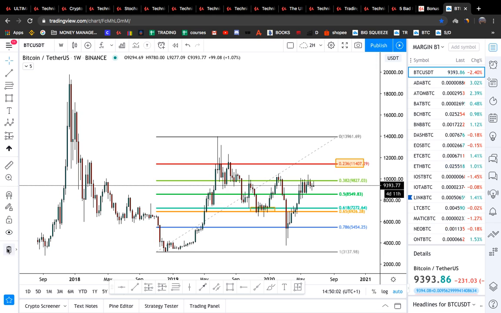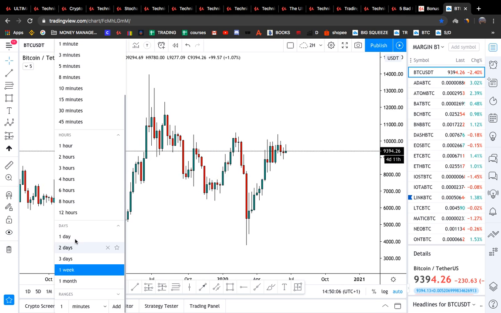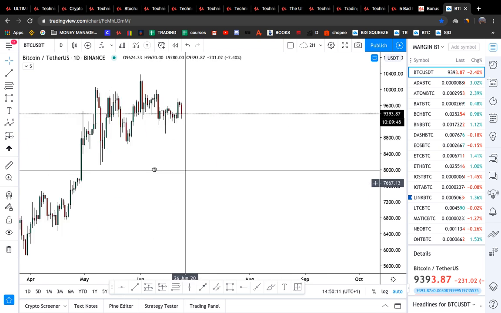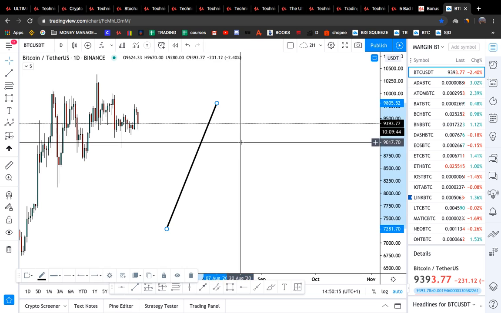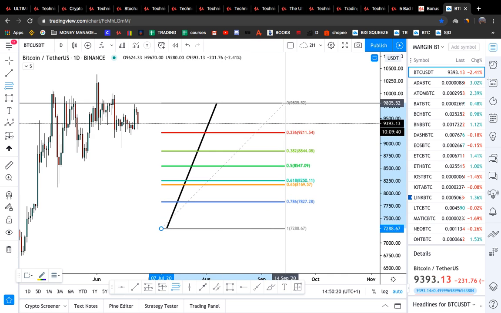So let's look at some more examples. Let's go back to daily. And again, since I did not mention in the beginning, this is how you draw fib retracement. If you have a move up, you are drawing from bottom to top, right?